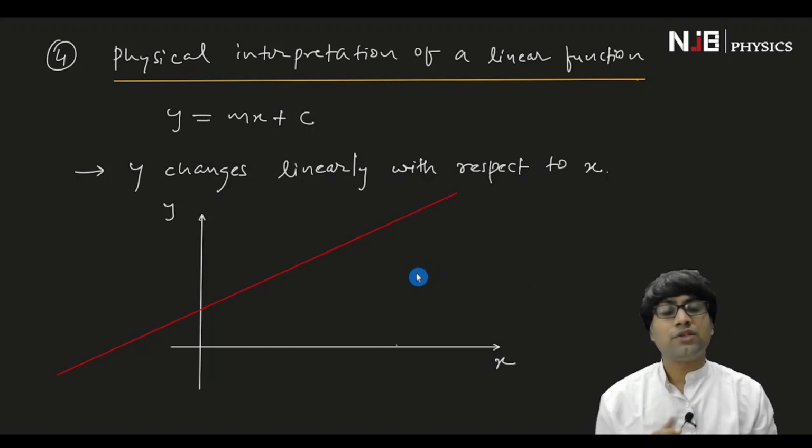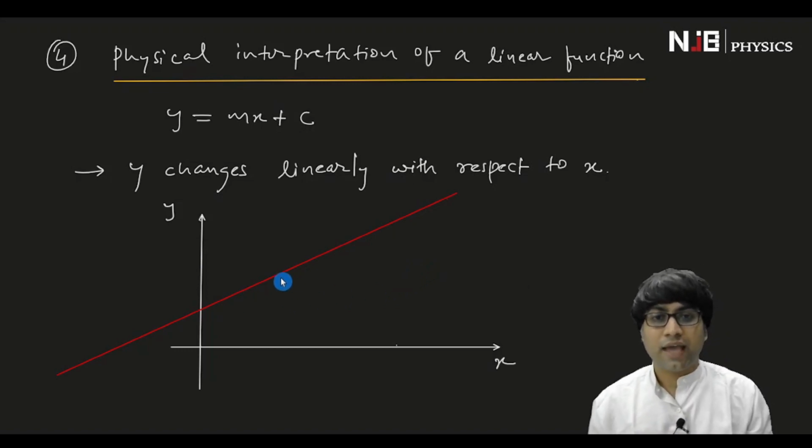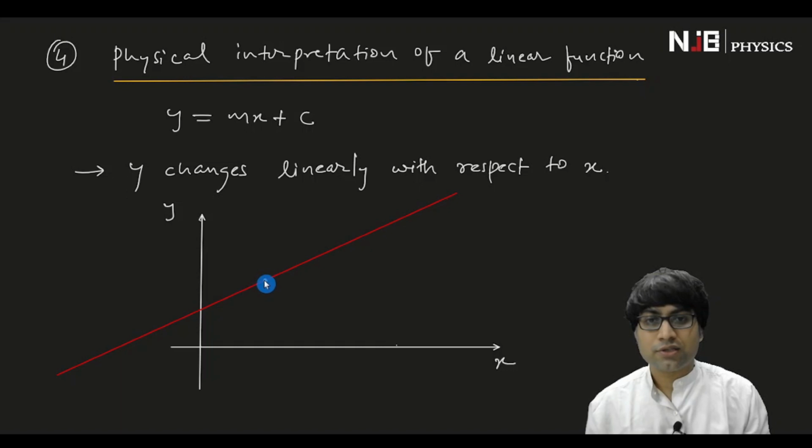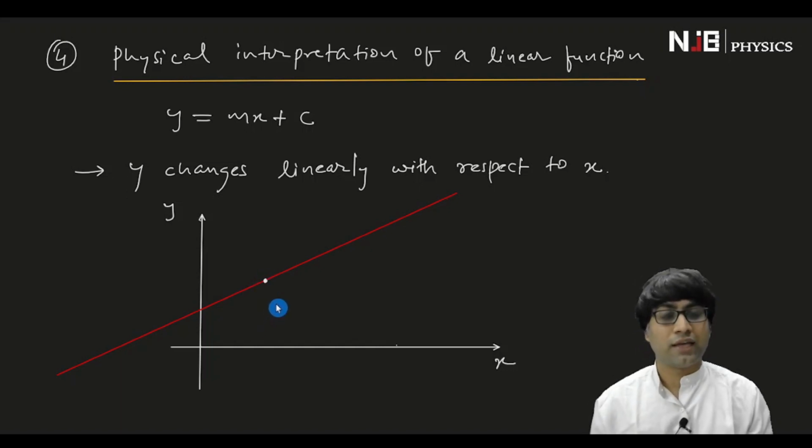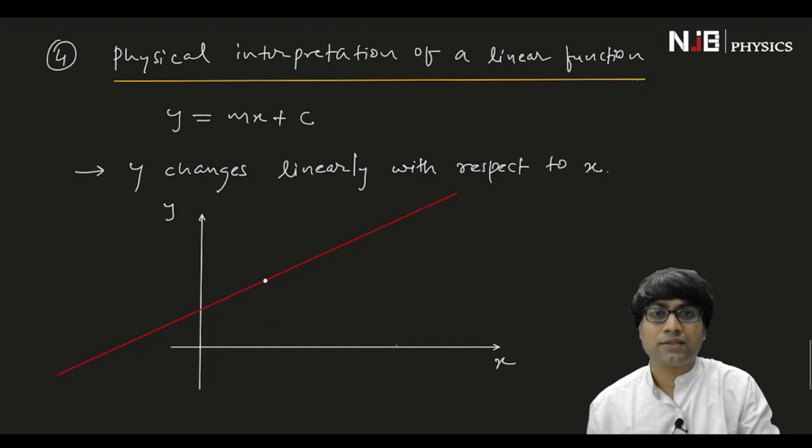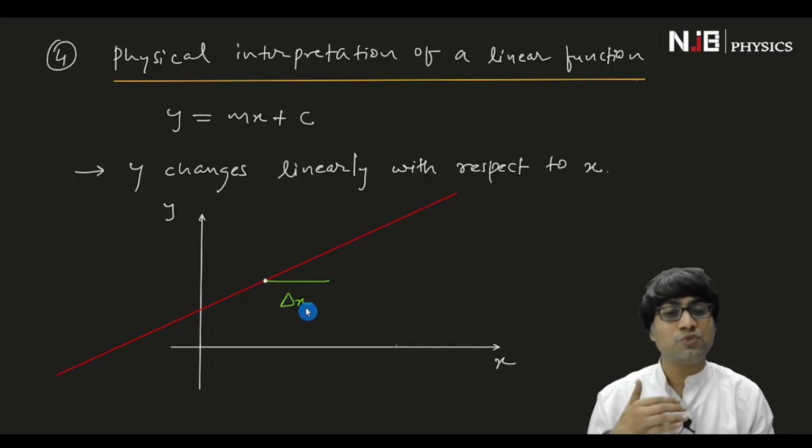Let's have a look at this straight line and consider any point on the straight line. Let's say this is our point on the straight line. It has a certain x coordinate and y coordinate, and let's say we try to change the value of x by a certain amount, and let's say the change in x is delta x. So this is your delta x, and corresponding to it there will be a change in y.